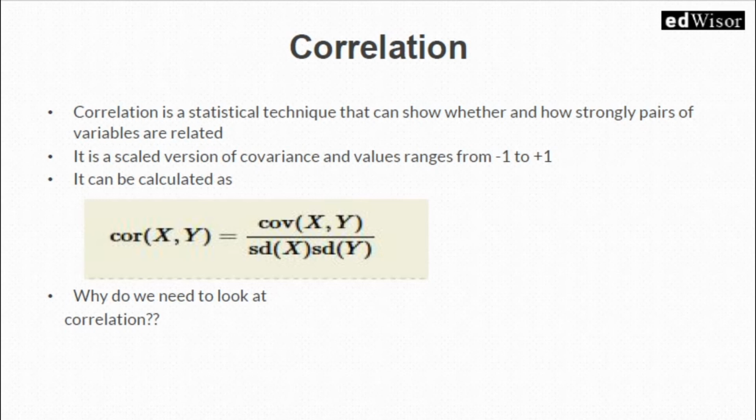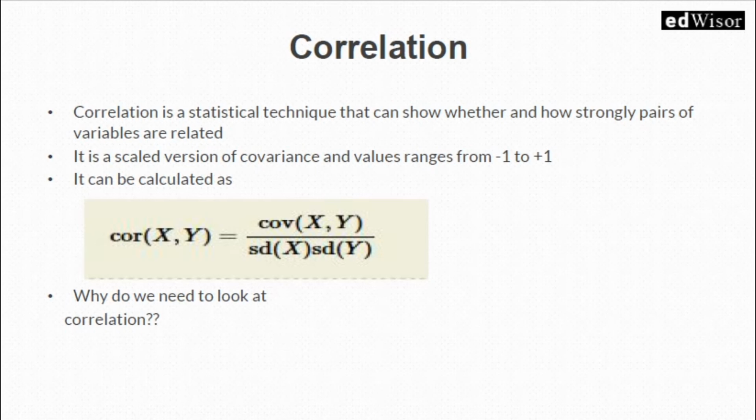Now let us see how we calculate the correlation. Correlation is the ratio of covariance to the standard deviations. When you divide the covariance by the standard deviations, it gives you the correlation, which is in the range of -1 to +1.